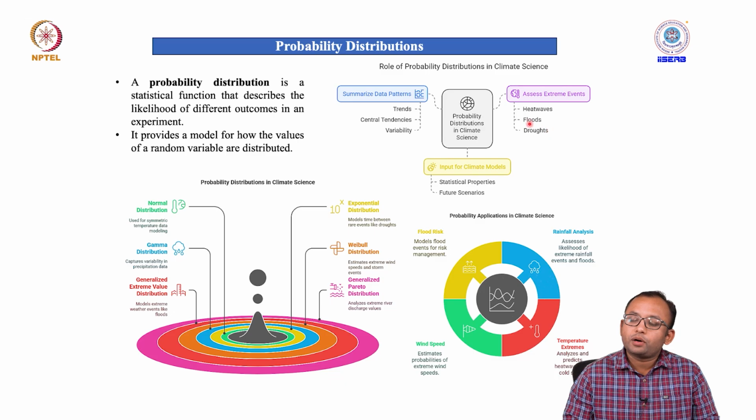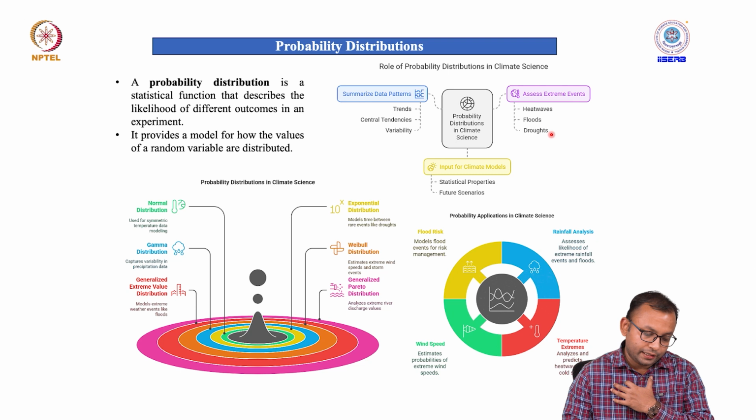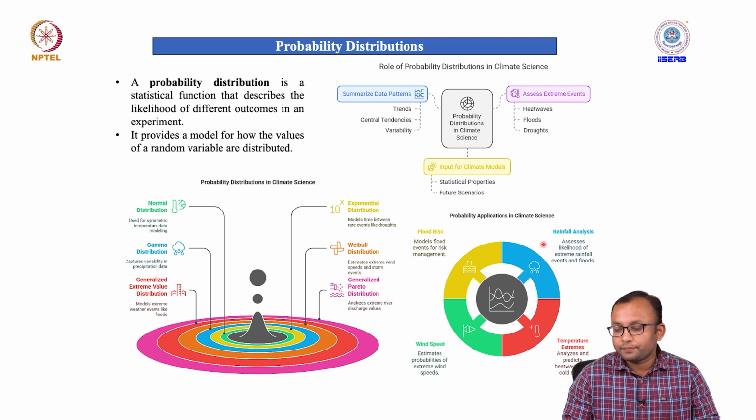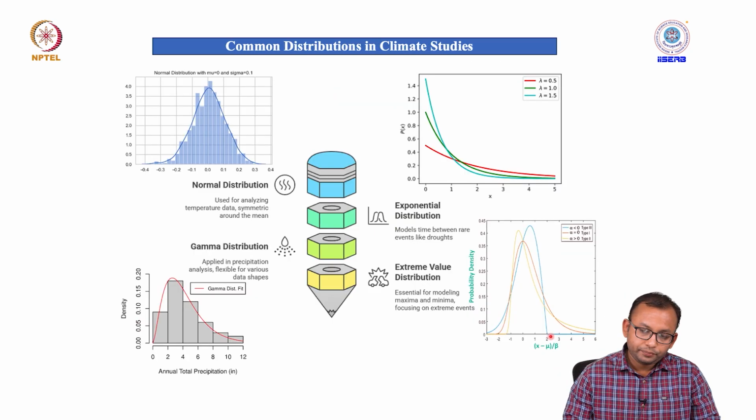Or if we talk about low flows, low rainfall, or the SPI or SPEI index, we can talk about drought variability in a certain region based on those analyses. Therefore, the application of the probability distribution function is very important in order to assess flood risk, rainfall analysis, or different meteorological parameters, for example, wind speed, temperature extremes, etc.